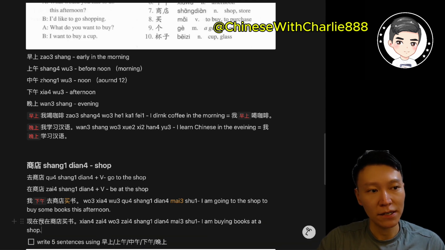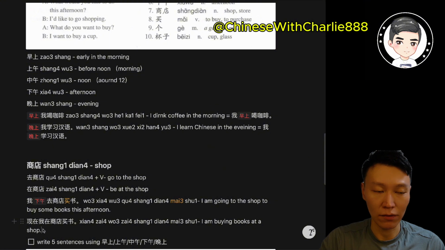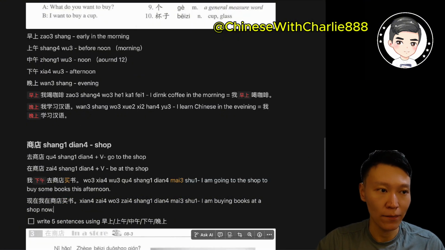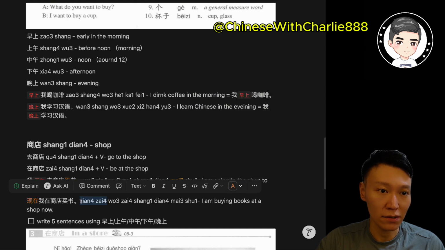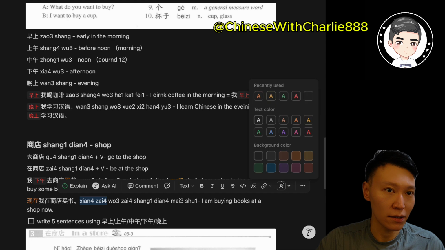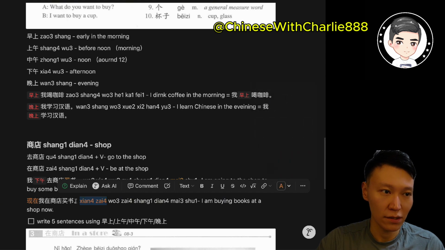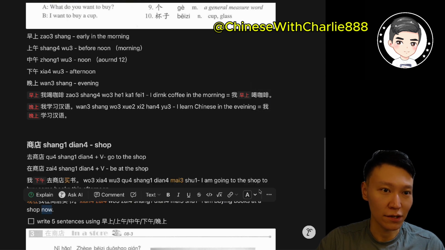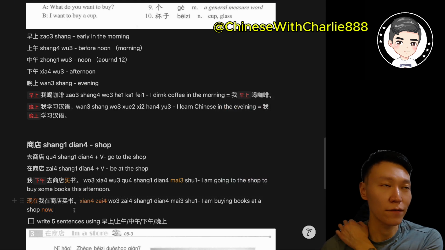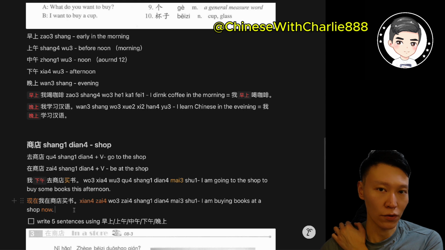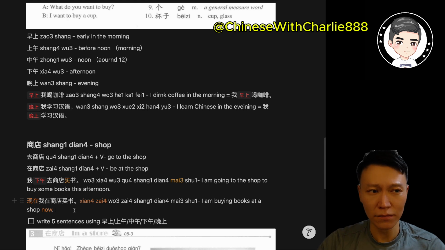So here, 现在 means now, and it's a time element. This time I put 现在 at the beginning of the sentence, right? But in English, you can see 'now' is at the end of the sentence. So you have to be careful of the order of a sentence in Chinese.